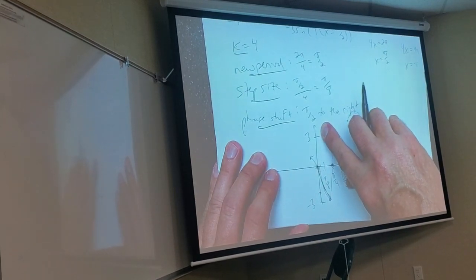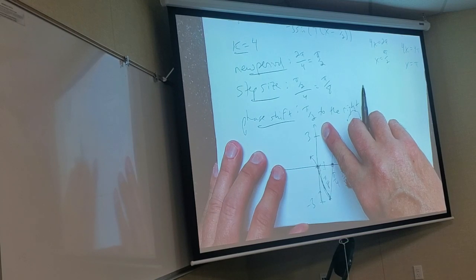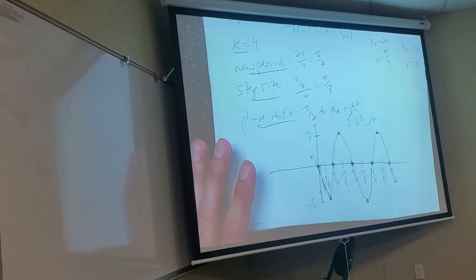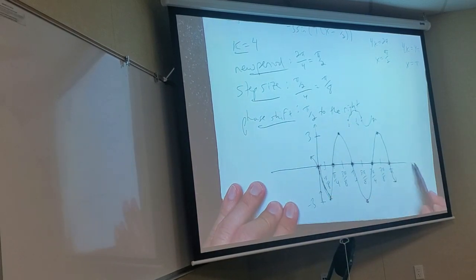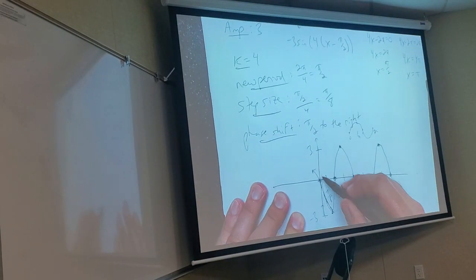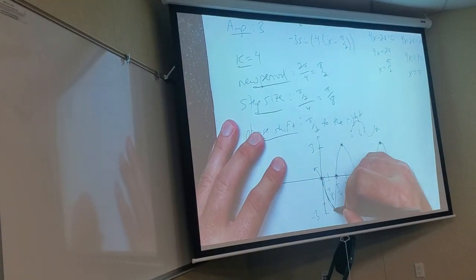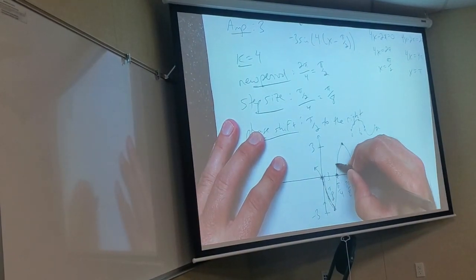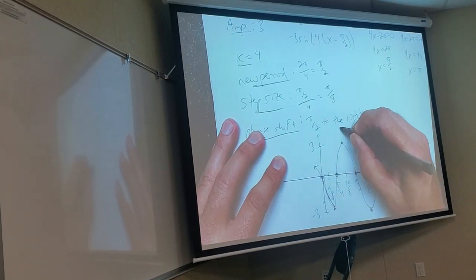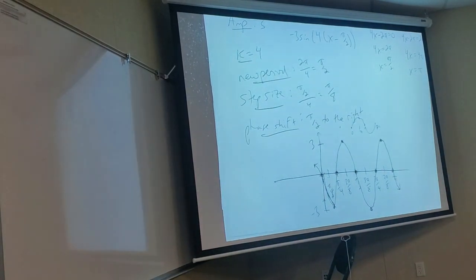What would the midline have been? Where is it right now on this picture? Y equals 0. Where would it be now? Y equals 1. So this would go up 1, this would go up 1. I'd have to make a better scale. So then my midline would just go up 1.